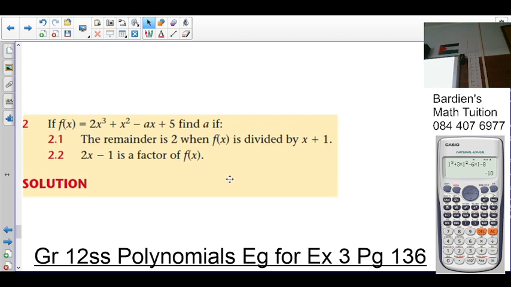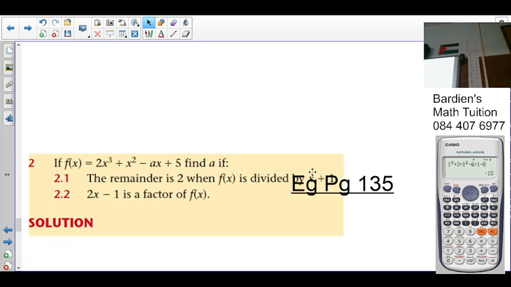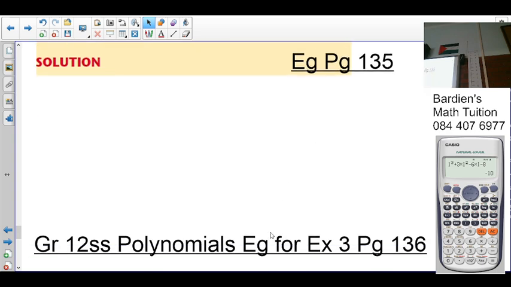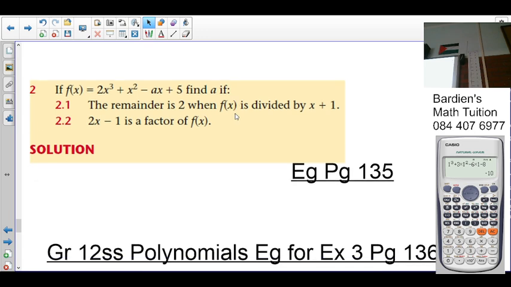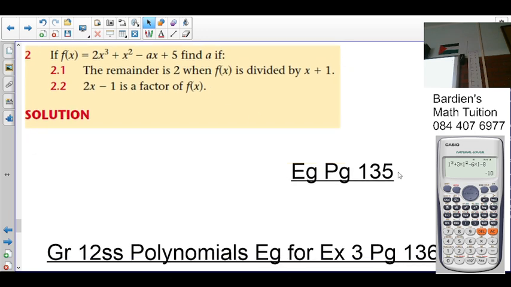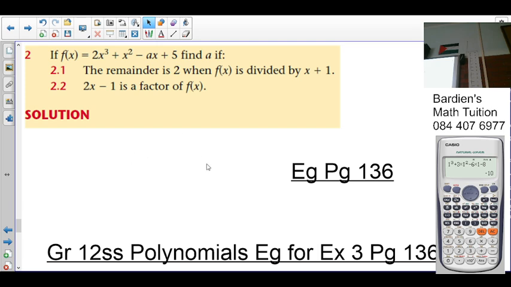Let's look at example 2. Example 2 is on page 136, is that correct? Okay. So here we are told if f of x is equal to 2x cubed plus x squared minus ax plus 5, find a if.